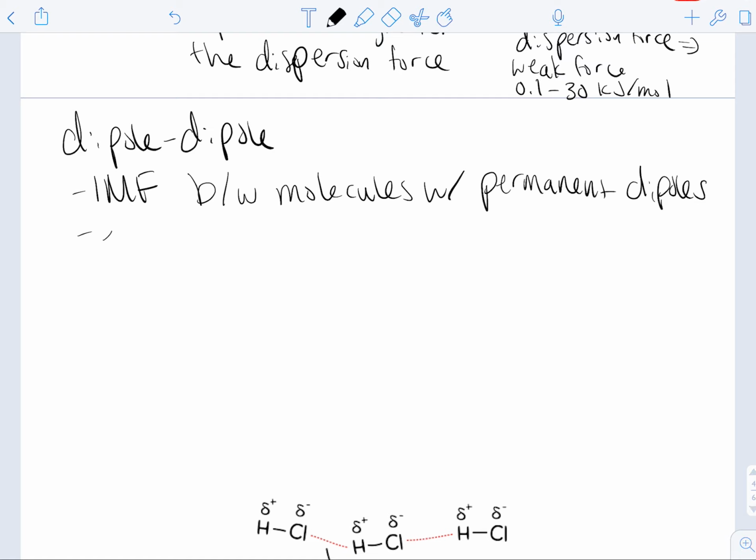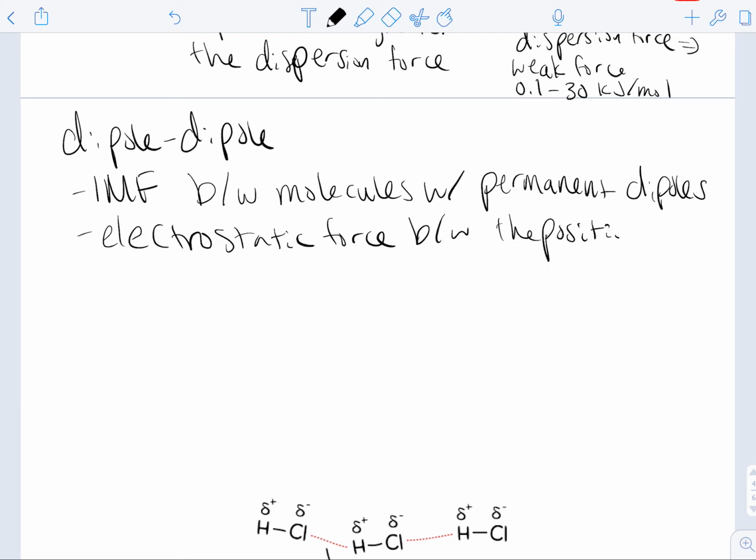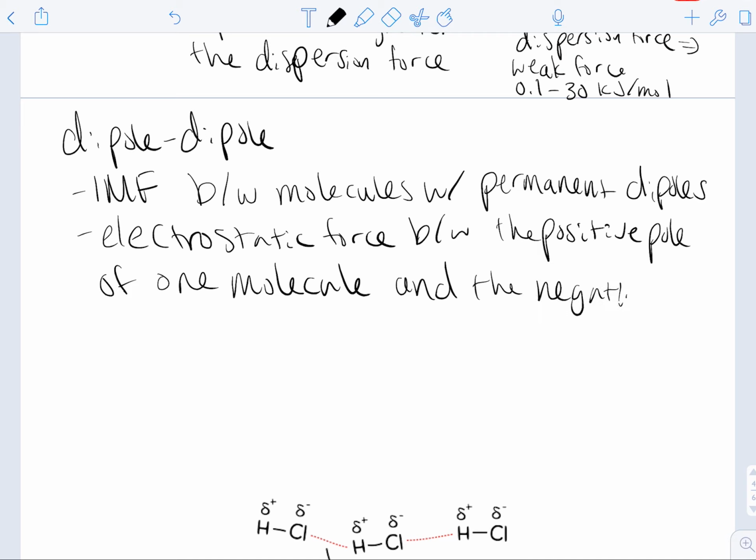So that's our electrostatic force between the positive pole of one molecule and the negative pole of another molecule.